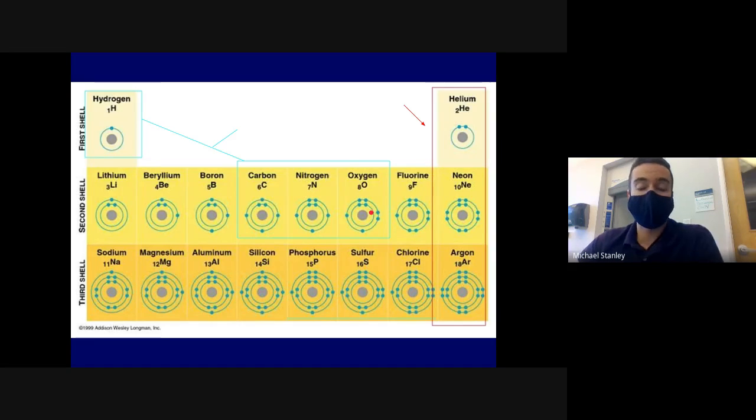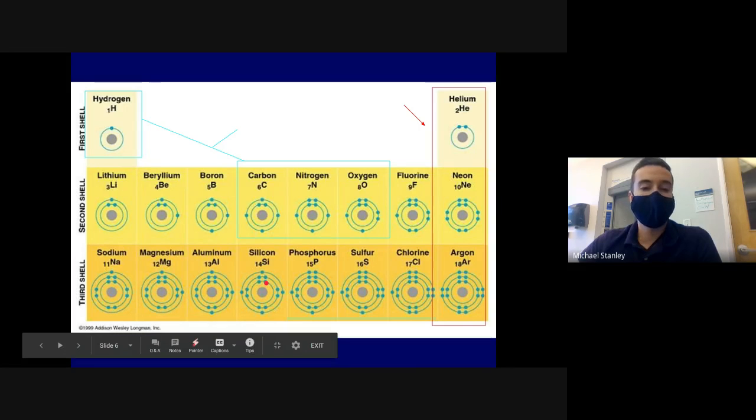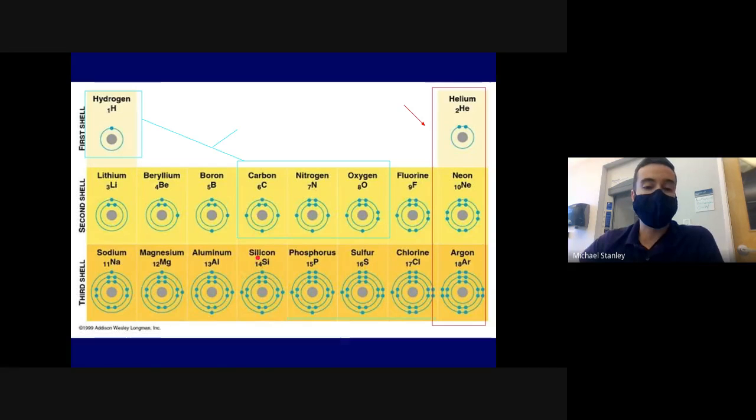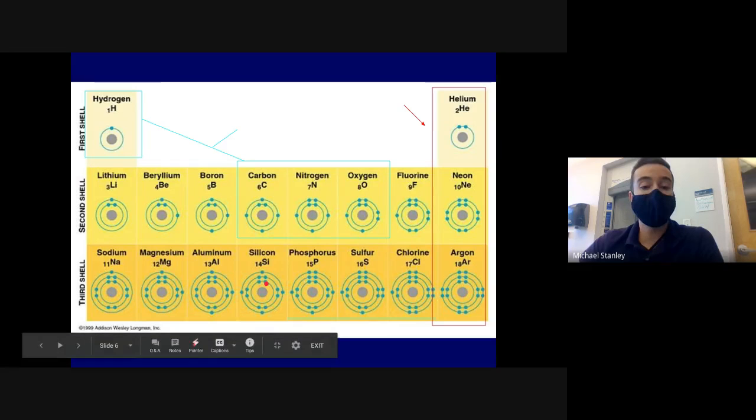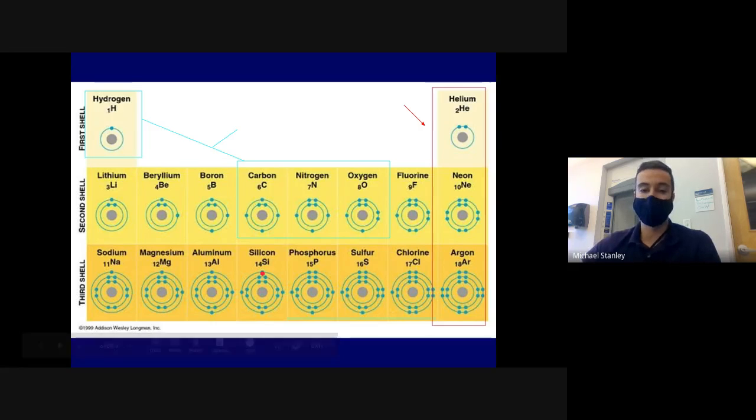The cool thing about the periodic table is if you go down one row, from carbon to silicon, sure, silicon has more electrons in total than carbon, but silicon has the exact same number of valence electrons as carbon. Carbon has 1, 2, 3, 4 electrons on its outer shell.